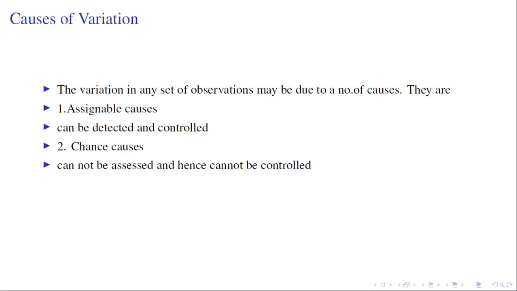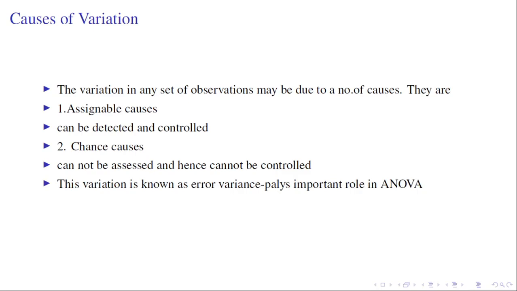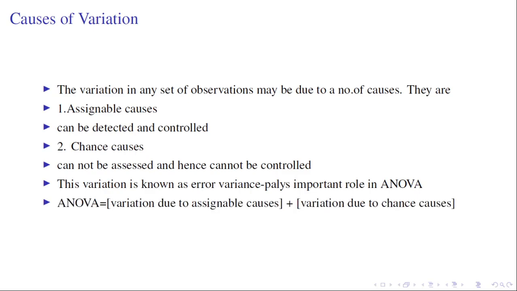Variation due to chance causes cannot be assessed and hence cannot be controlled. This variation is also known as error variance. It plays an important role in analysis of variance. Basically, ANOVA is the separation of variation due to assignable causes from chance causes. Here in ANOVA, we separate these two types of variations.